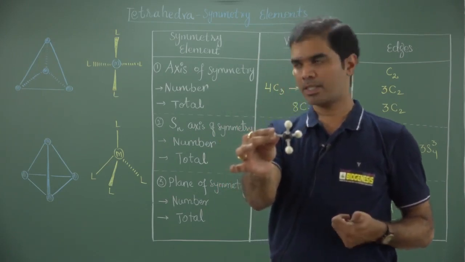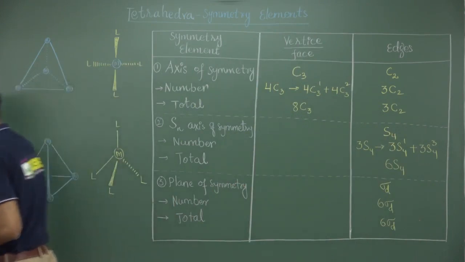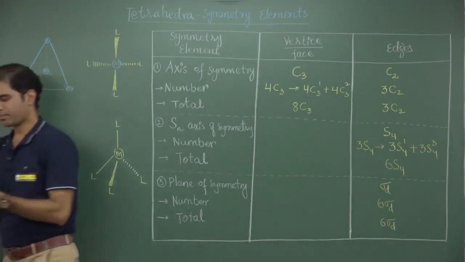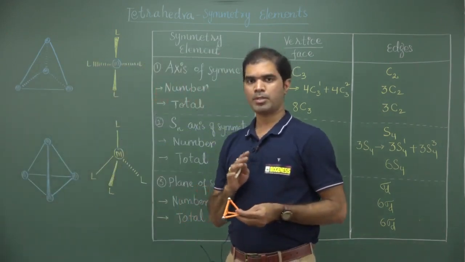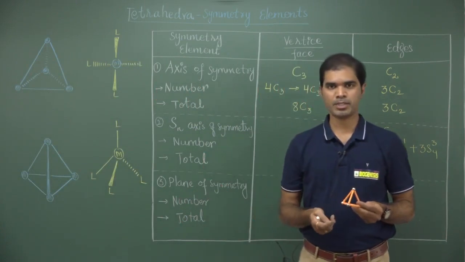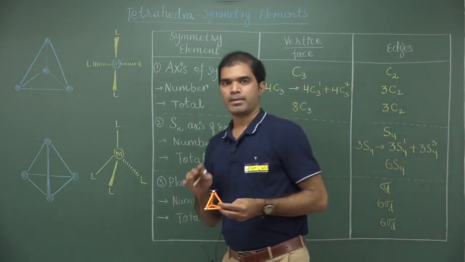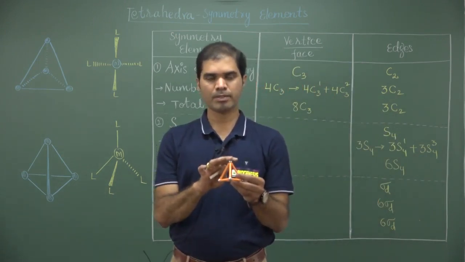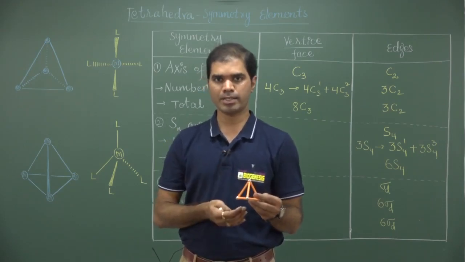Now let's understand the symmetry elements. To understand the symmetry elements of molecules with special symmetry, especially tetrahedra, octahedra or icosahedra, you try to pass the symmetry elements starting from the corners, then move towards the faces, and finally move towards the edges.